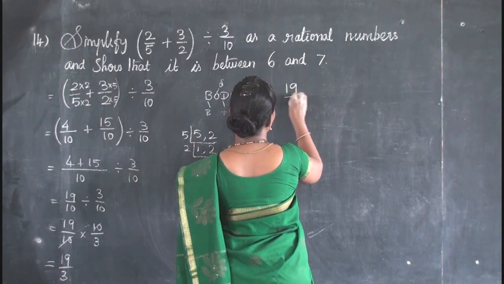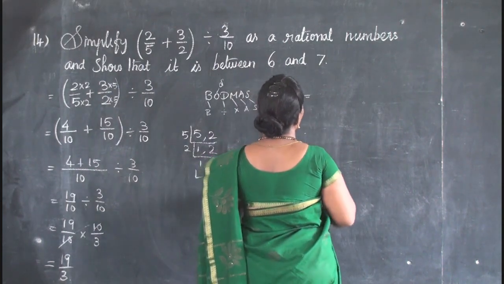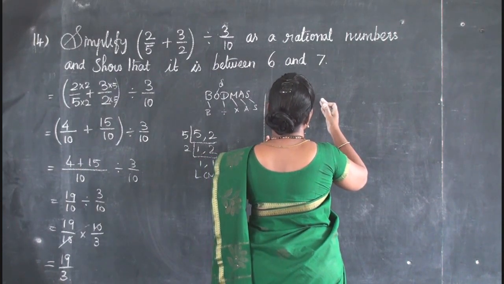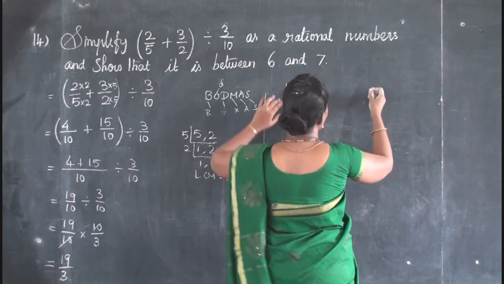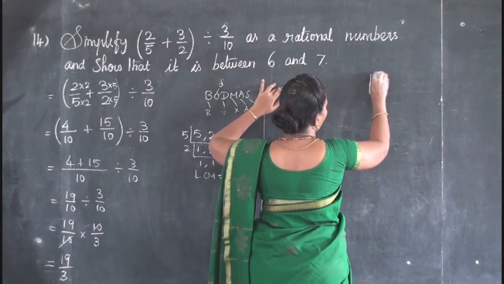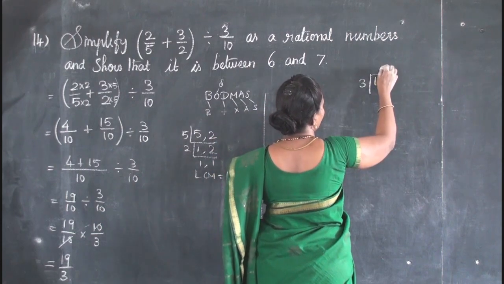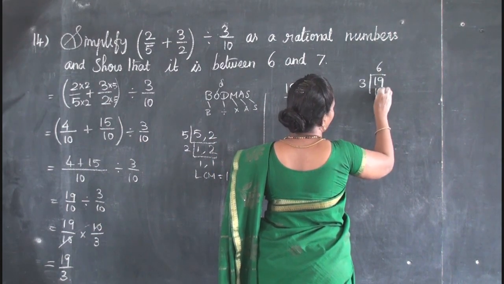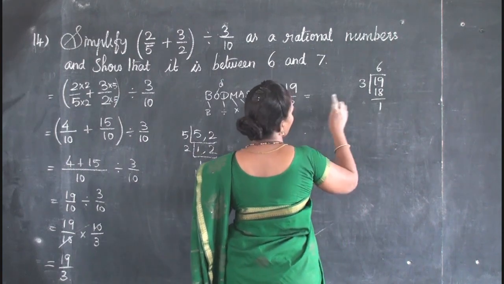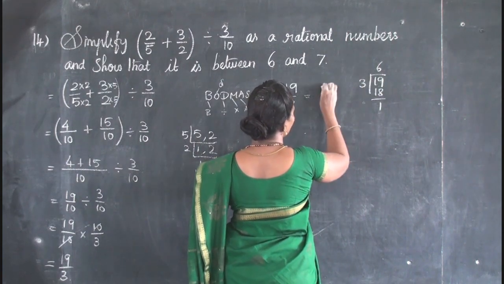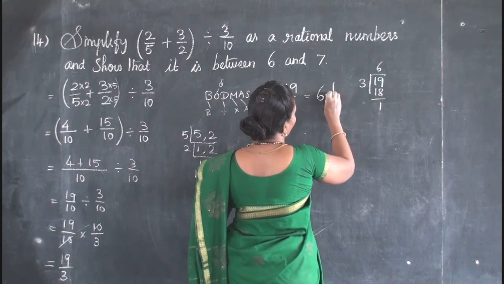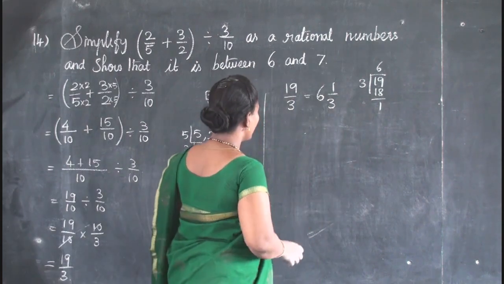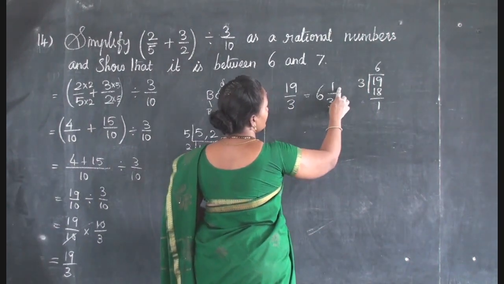So 19 by 3, write it as a mixed fraction. Changing to a mixed fraction means 19 divided by 3. How many 3s are there in 19? 6 3s are 18 and remainder 1. So the mixed fraction is quotient, remainder by divisor: 6 1 by 3.